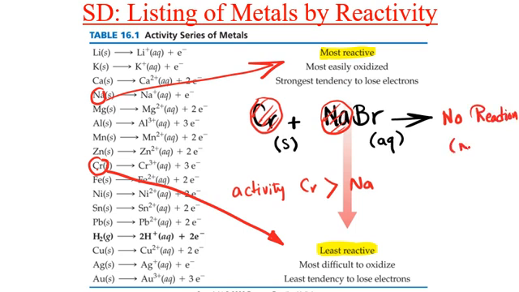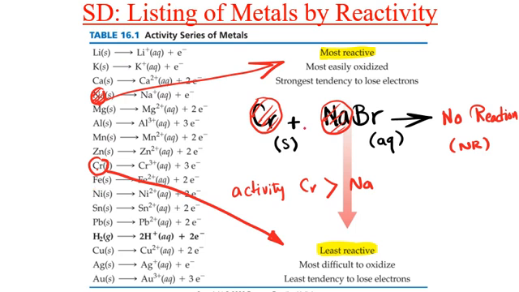Sometimes we do not have a reaction because the activity of the element is not high enough to be replaced by the other one. That is why we say Na has higher activity than chromium. So we cannot switch or change the element and cation.